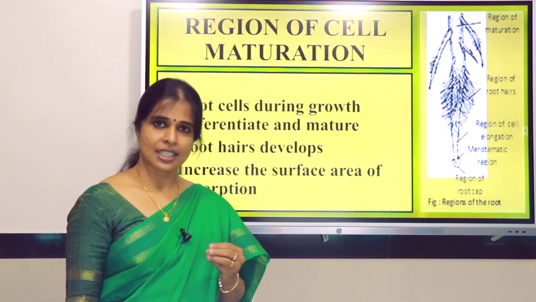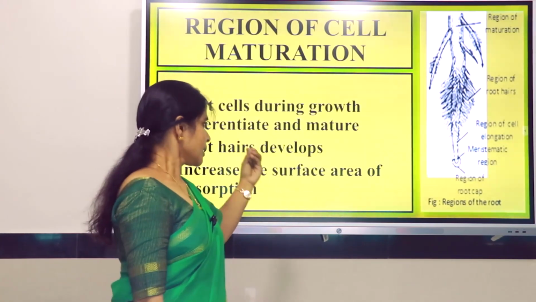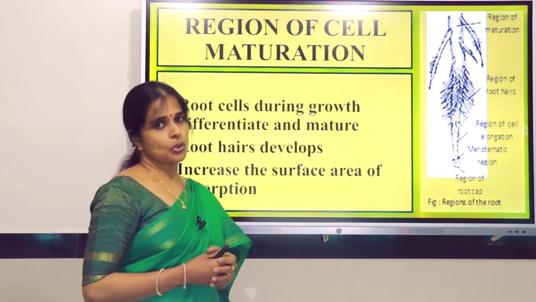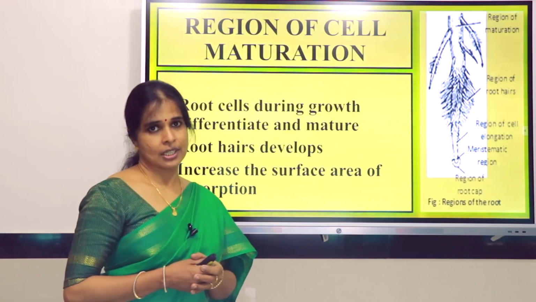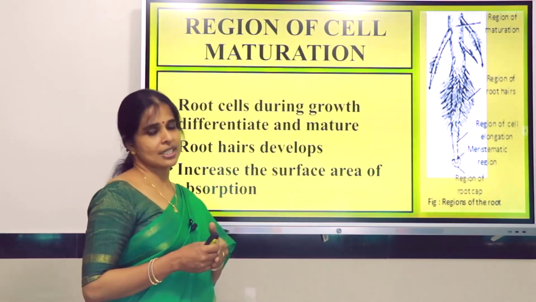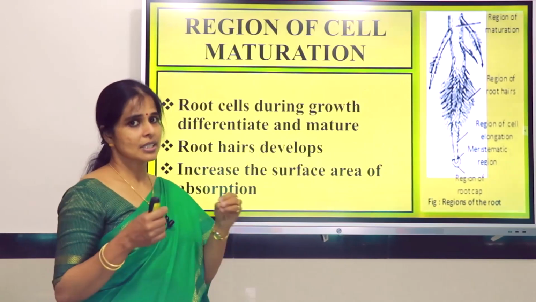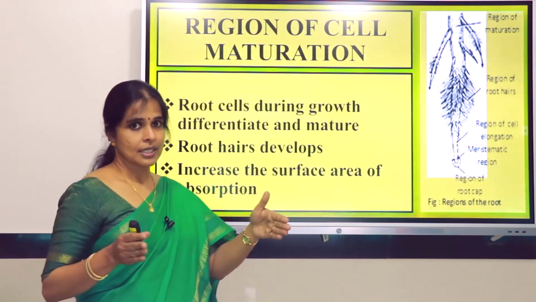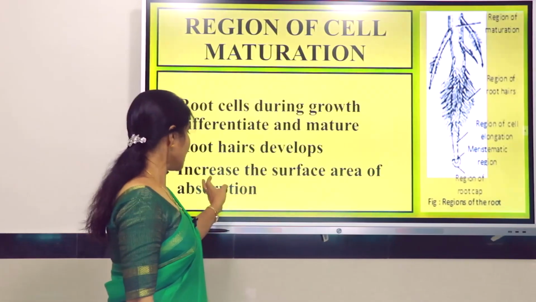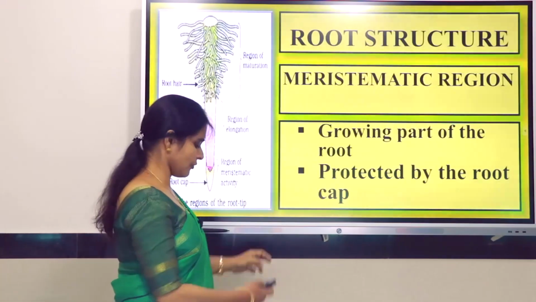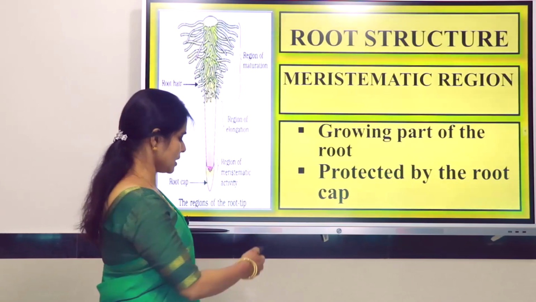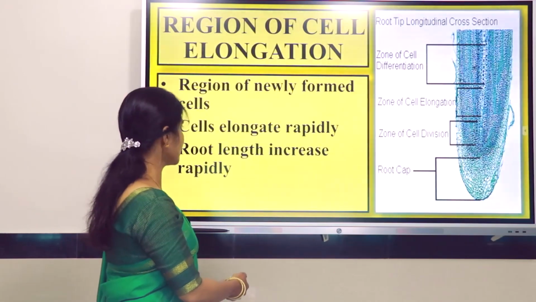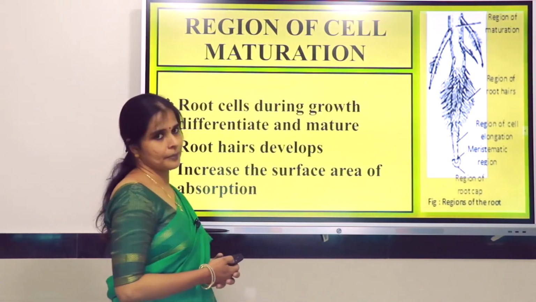Whenever that is taking place, the surrounding areas also have to be taken into consideration. So, the roots develop root hairs which extend its area, thus increasing the surface area, and this way it helps absorption.